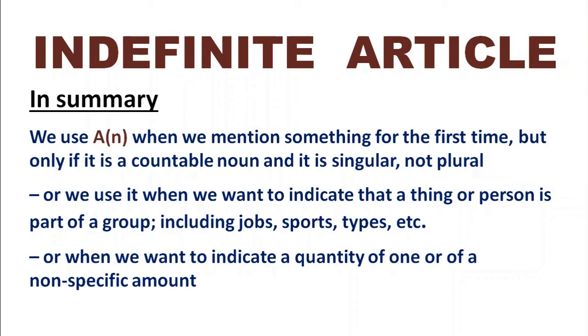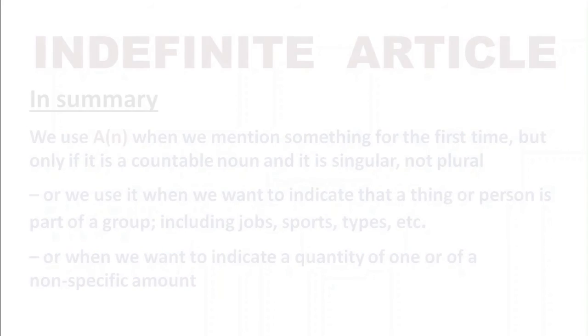And we use a or an when we want to indicate a quantity of one or of a non-specific amount. So we can say an apple, meaning one, or a lot, a few, a bit, something like that, to indicate a non-specific amount that we want to talk about in a sentence where we use the indefinite article in this way. So that's it. That's the indefinite article.